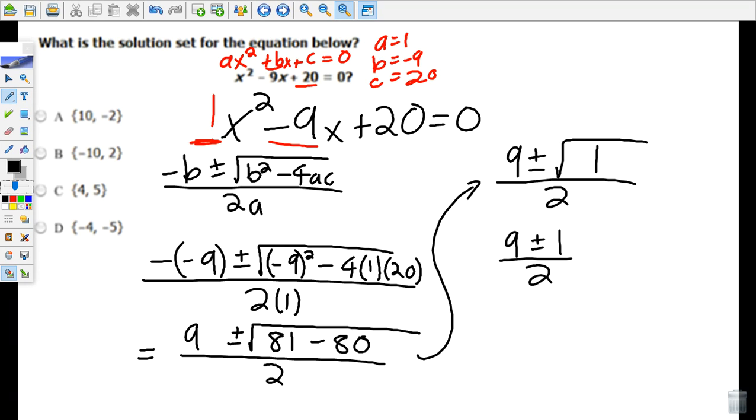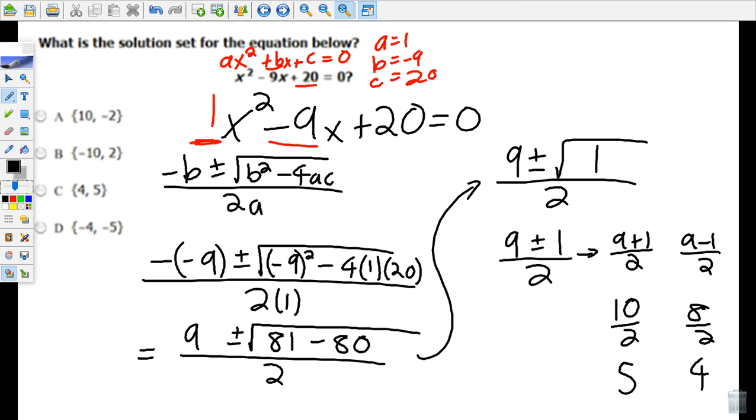You can separate these into two fractions, one a plus, one a minus. So we have 9 plus 1 over 2, and 9 minus 1 over 2. 9 plus 1 is 10, and 9 minus 1 is 8. So our two answers, 10 over 2 and 8 over 2, come out to be 5 and 4. So my two answers are 5 and 4, which is answer choice C.